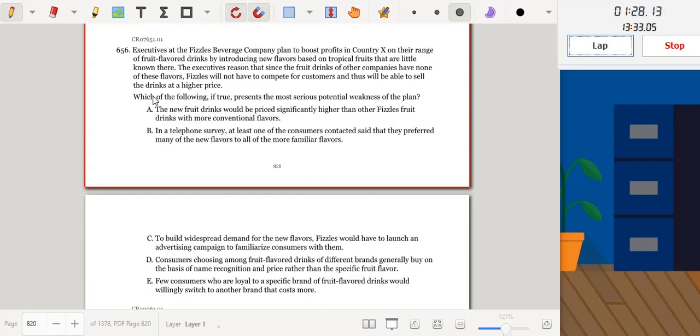D, consumers choosing among fruit flavored drinks of different brands generally buy on the basis of name recognition and price rather than the specific fruit flavor. So this is definitely not helping. E, few consumers who are loyal to a specific brand of fruit flavored drinks would willingly switch to another brand that costs more.